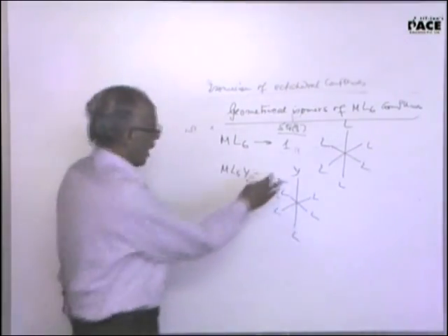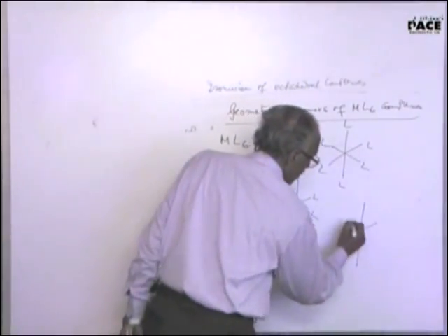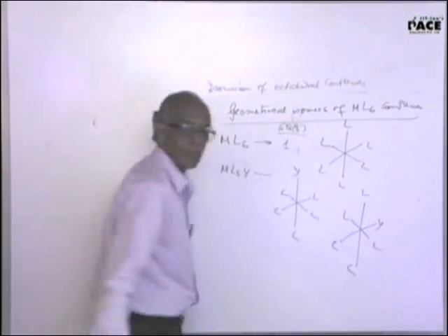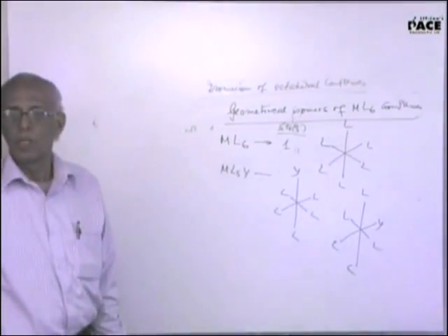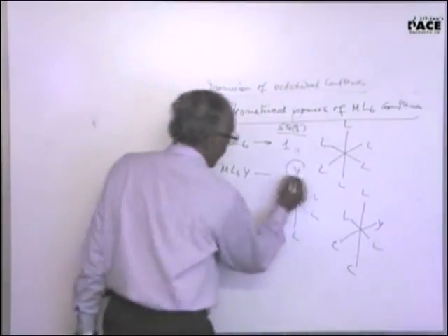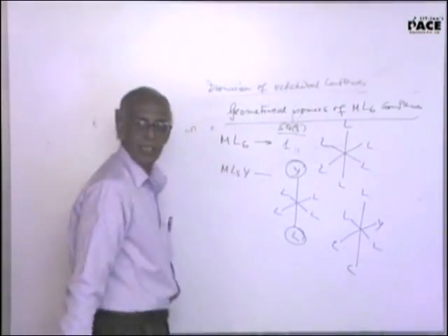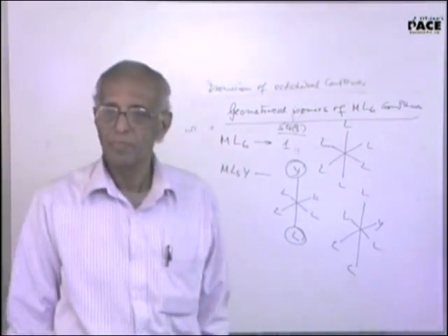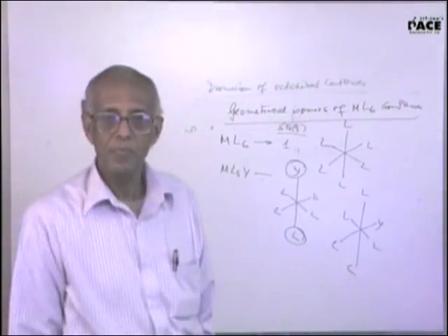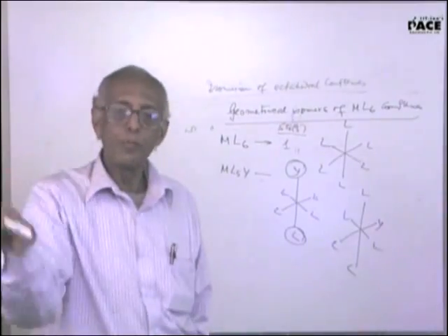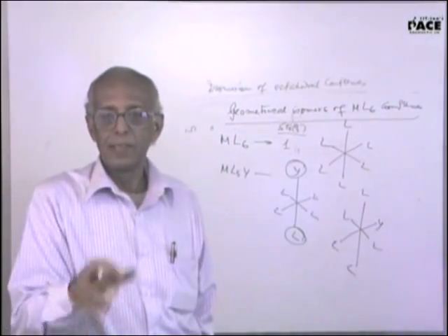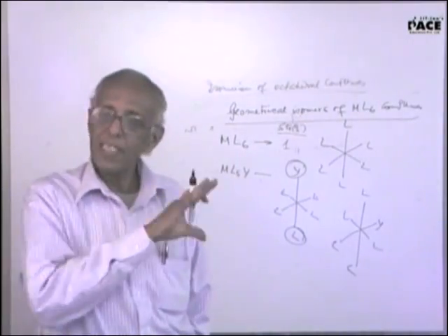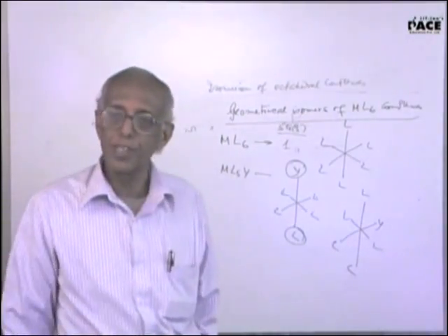Wherever you put Y, only one L will be trans to it, and all the other L are trans to each other. Diametrically opposite to Y will be L, and the remaining L will be trans to each other.